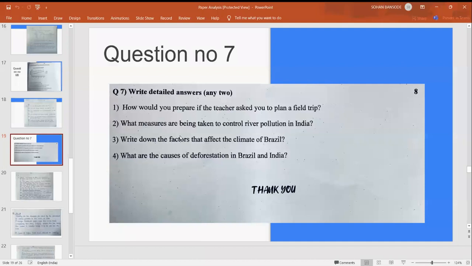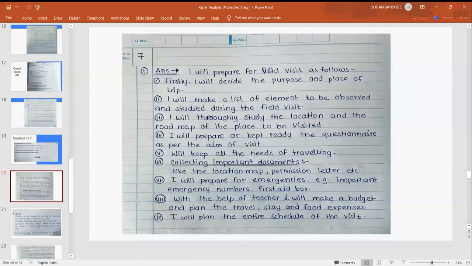So in this way you have to mention your answer. I'll prepare for the field visit as follows. First point I have written. Here I found 9 points, so I wrote 9 points in one sentence each. That is okay, it will definitely give you 4 marks.